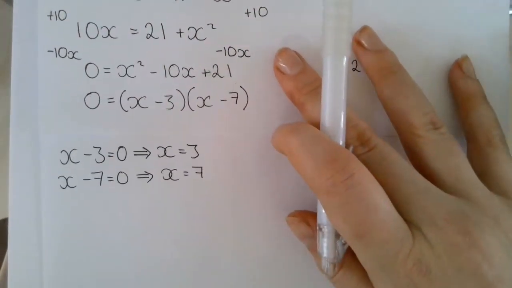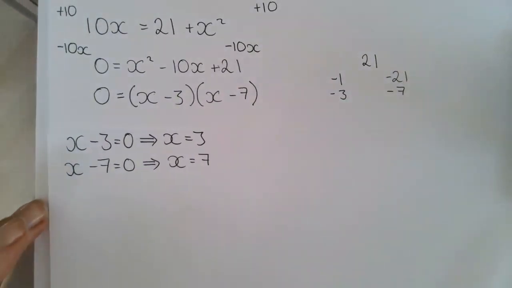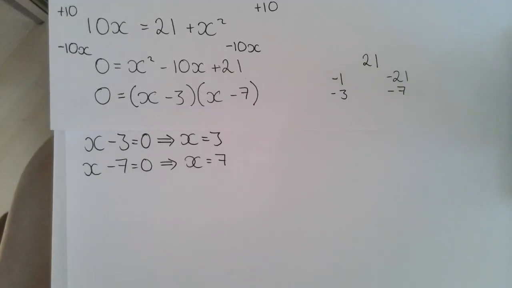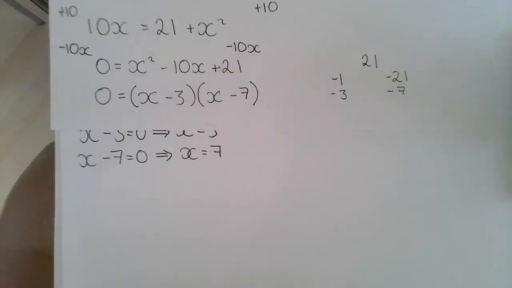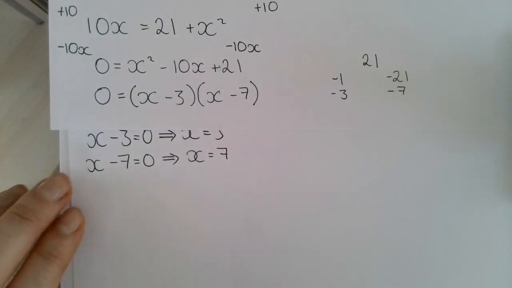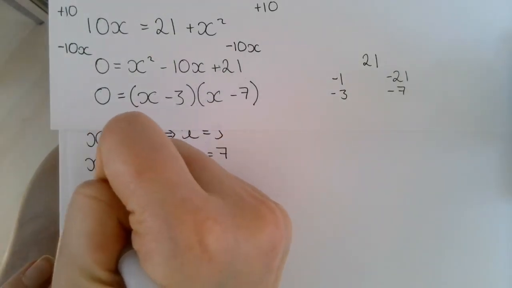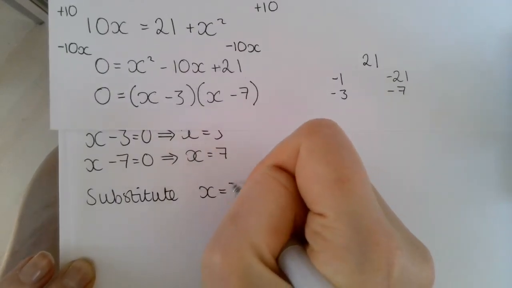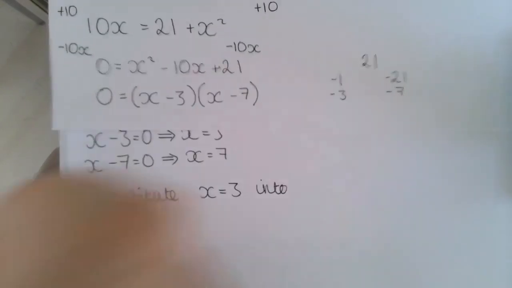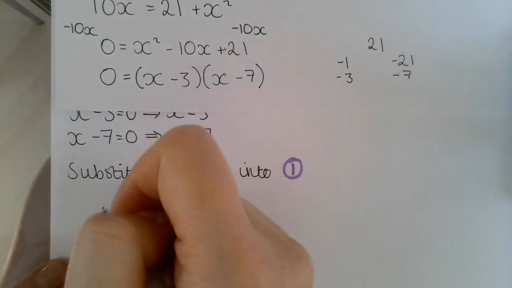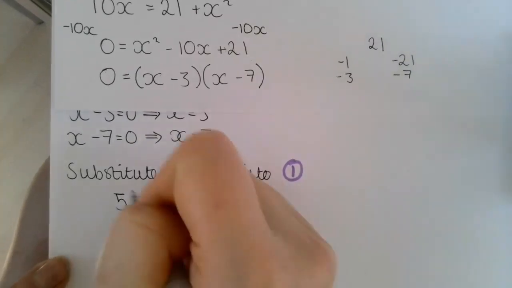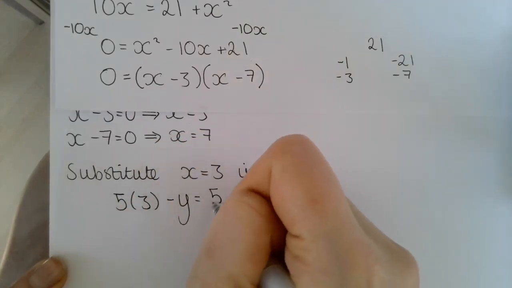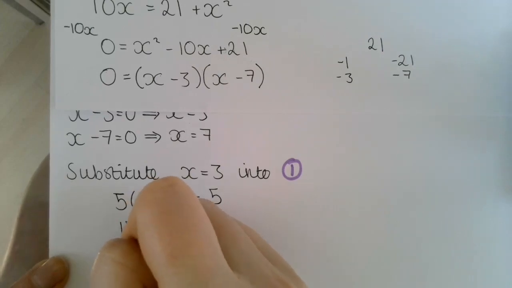All I need to do to find my y coordinates is to substitute an x value into one of my original equations of the simultaneous equations that were given. So I'm going to first of all substitute x equals 3 into equation 1. So we have 5 lots of 3 subtract y equals 5. 5 multiplied by 3 is 15.